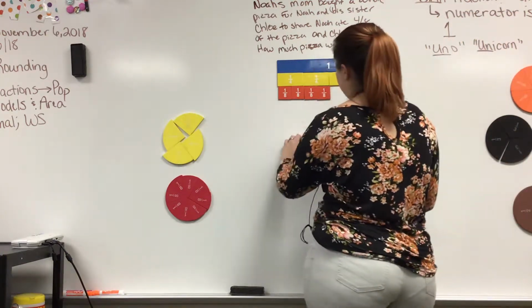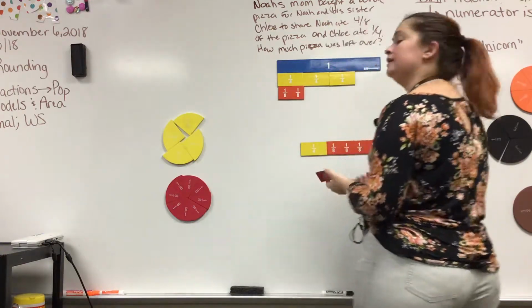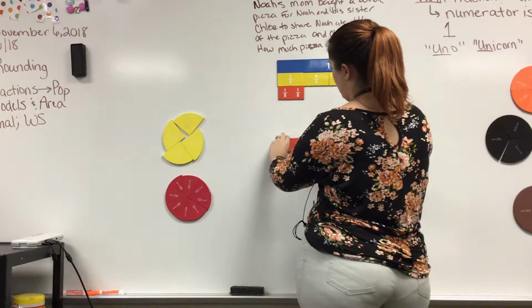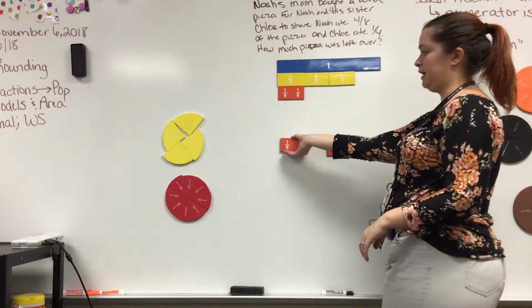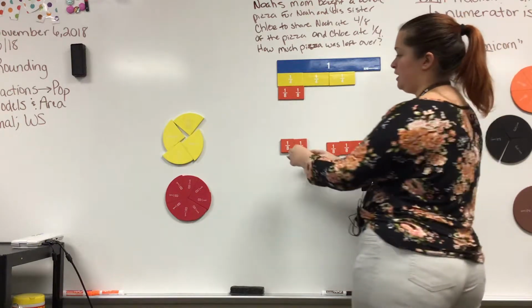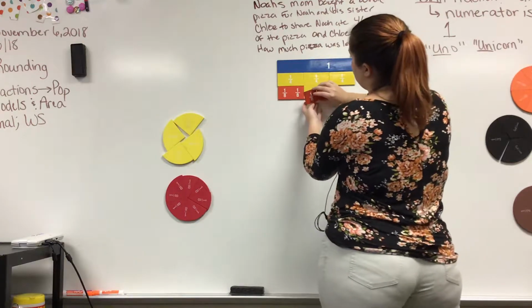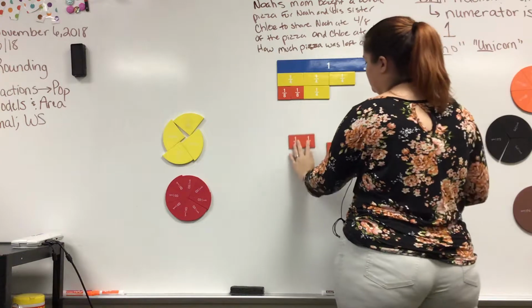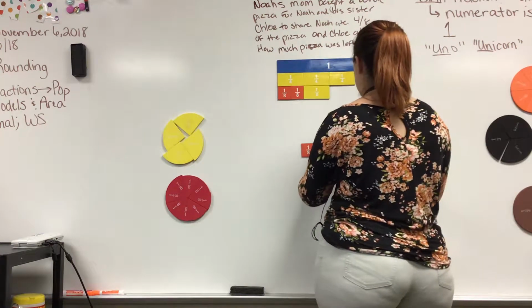So I'm going to take my 1/4 and show you, same way we did before, how many eighths it takes to make up 1/4. Boom. See what I did there? I put 2 unit fractions of 1/8 over the 1/4. It shows you that equals 2/8. Okay? And even up here you can see that in comparison to the whole. So Chloe ate 2/8 pieces of pizza and Noah ate 4/8.